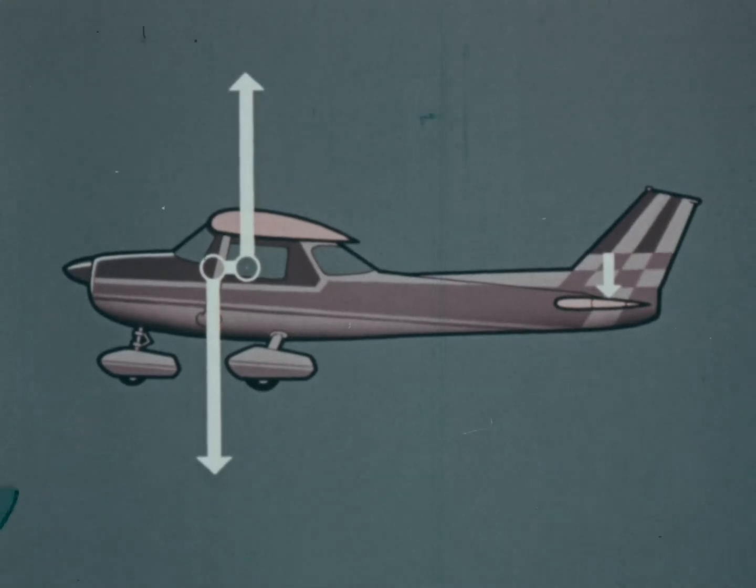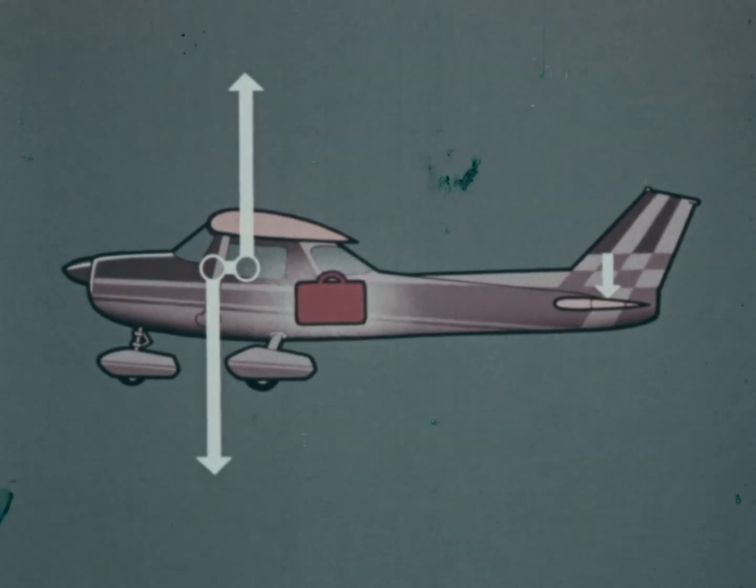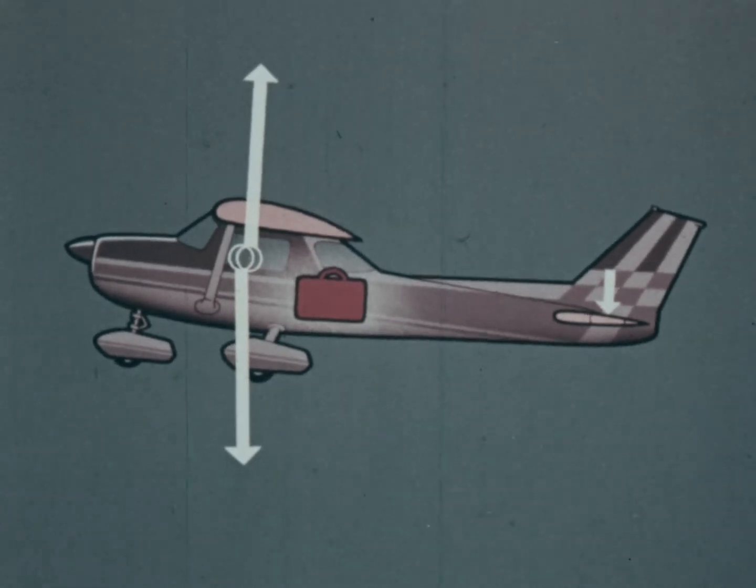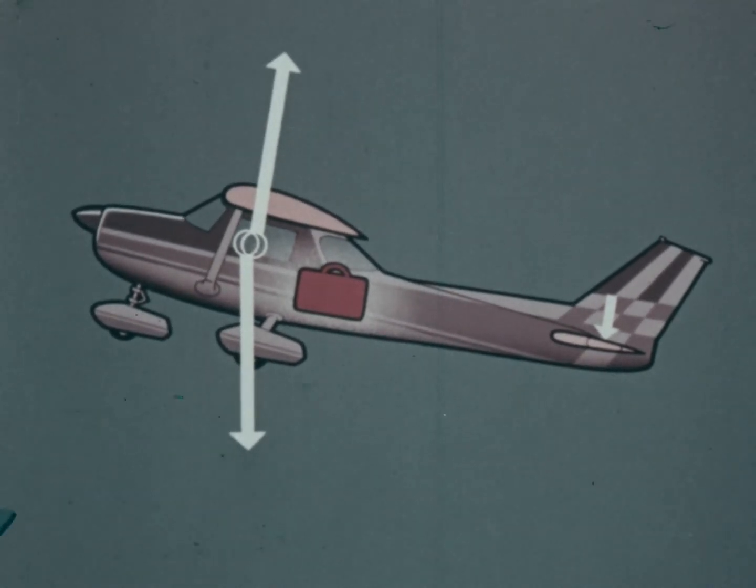An extra load placed behind the center of gravity will move it back to a point only just ahead of the center of lift. The airplane will now tend to pitch nose up. So we must trim the elevator to reduce the download and bring the airplane back to level flight.